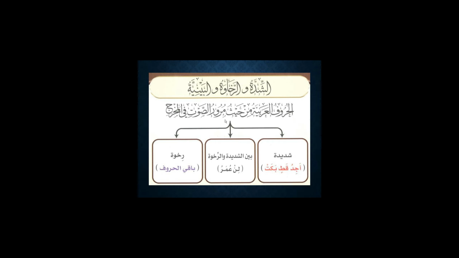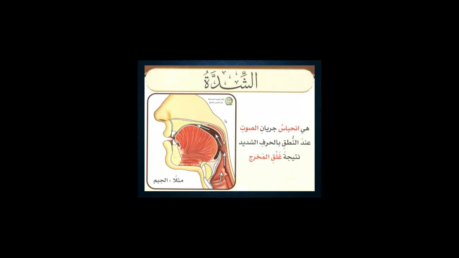And then lin umar, this is the middle bit. They have some sound continuing, but not from the main makhraj. Let's look at them. So for example, jim, you say ad, ad, ad. So the sound stops.